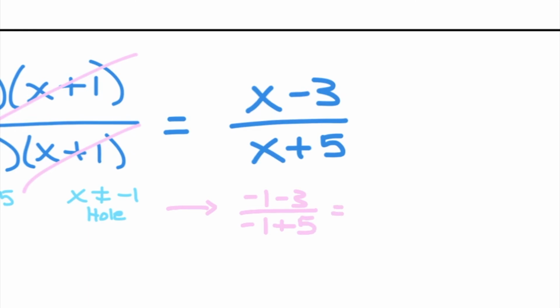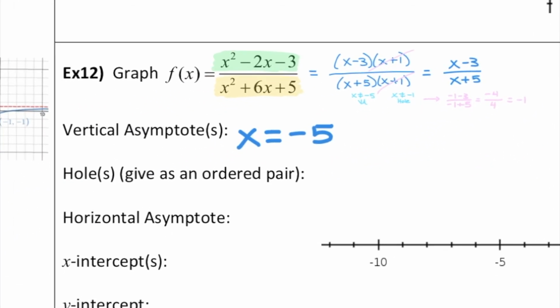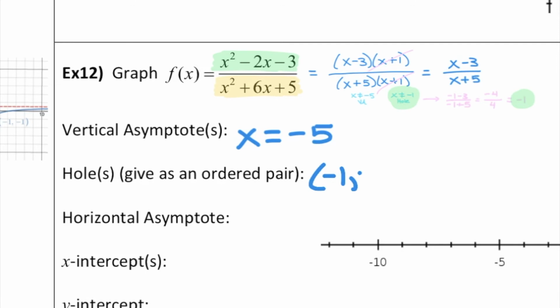Negative 1 minus 3 is negative 4. And negative 1 plus 5 is positive 4, so that whole thing equals negative 1. So your x value of the hole and your y value of the hole give you the ordered pair negative 1, negative 1.